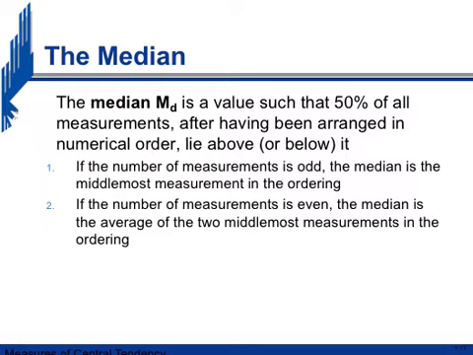To determine the median, we have to look at the number of measurements. If you have an odd number of measurements, then there will be clearly one number at the center, so just find that, and that will be the median. If you have an even number of measurements, there will be two numbers at the center, and the median is the average of those two middlemost measurements.